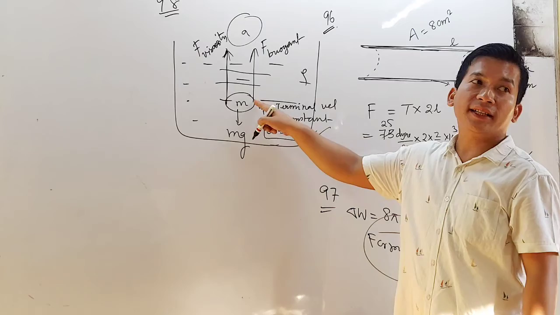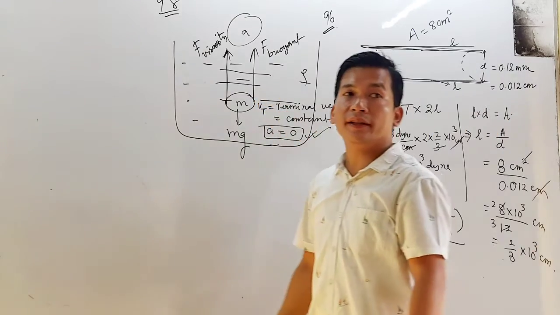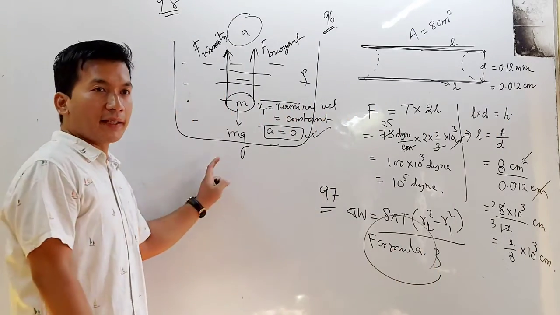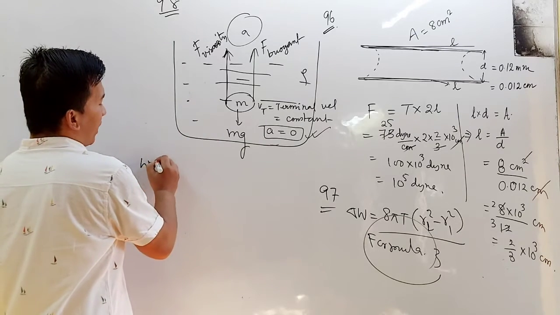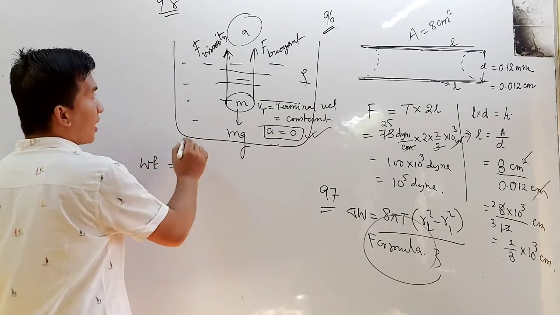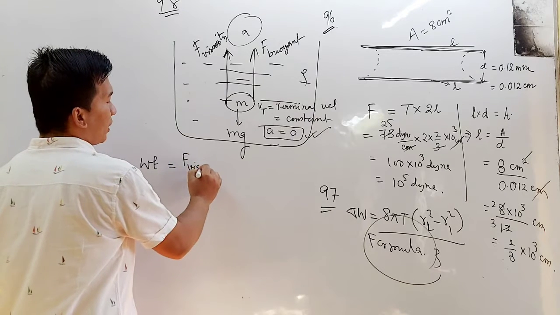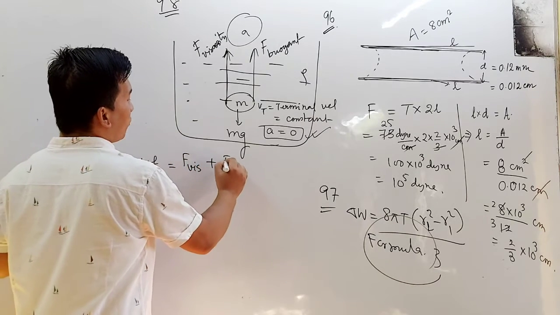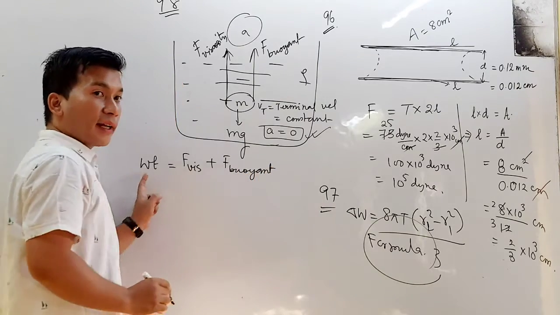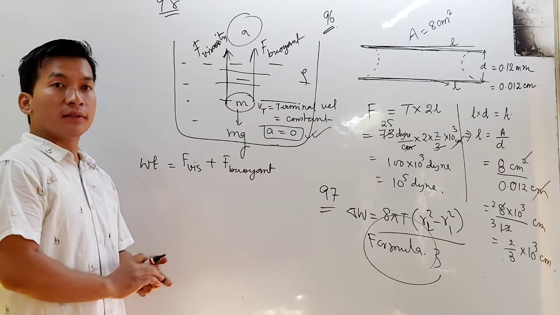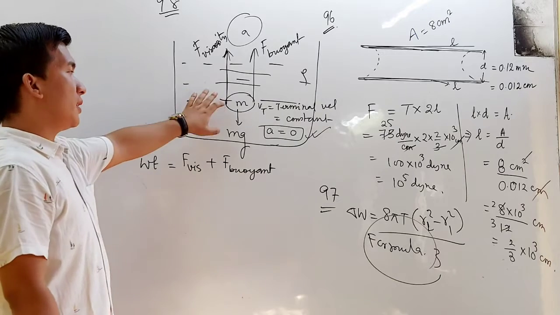Acceleration zero, that is equilibrium maintained here. So the answer is that the weight of the body will be equal to F viscosity plus F buoyant. Do you get the concept or not?